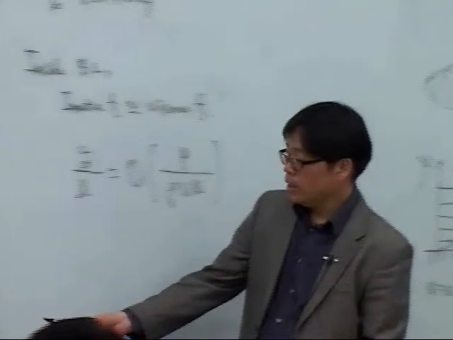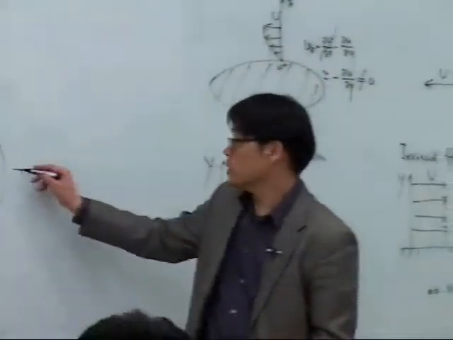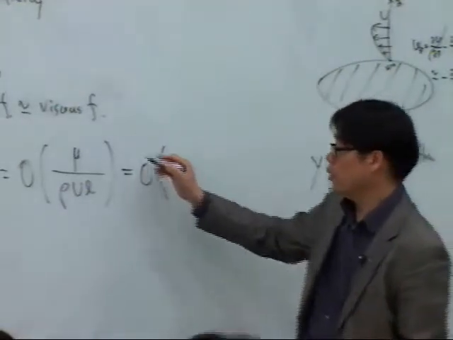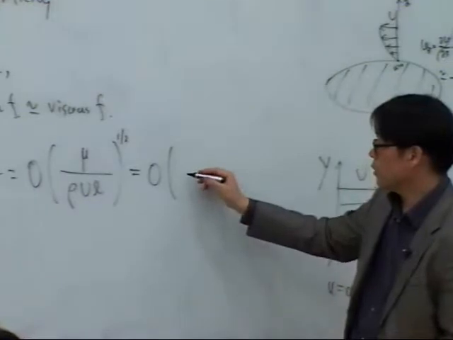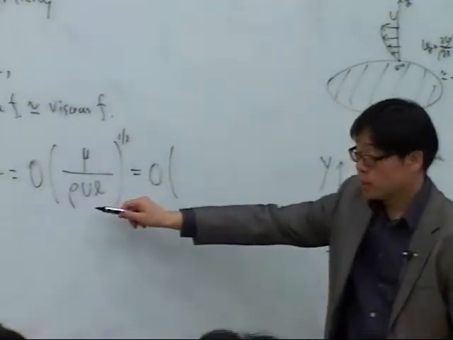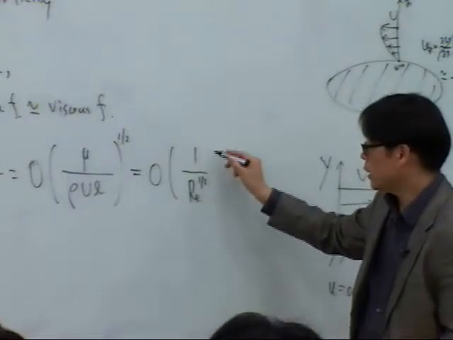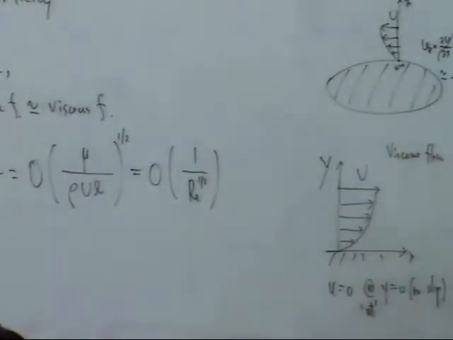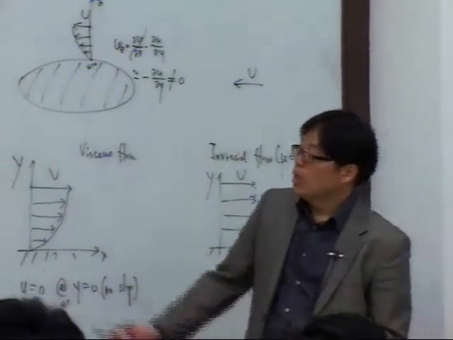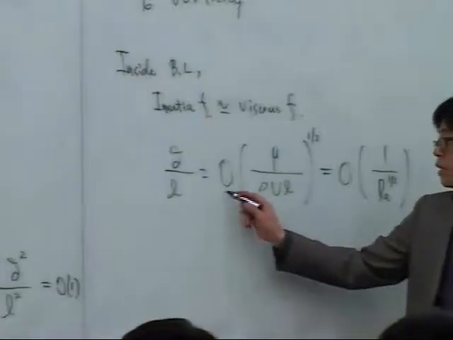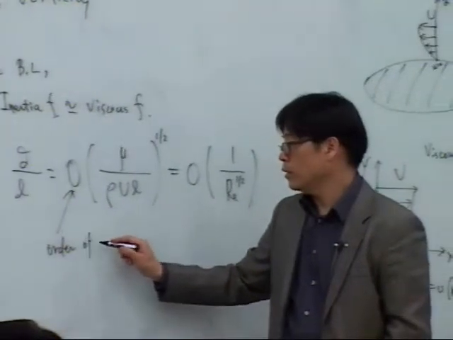So I divide both sides by this. This is nothing but order 1 here. So this is nothing but 1 over Reynolds number, and therefore I have Reynolds number like that. This is order of magnitude.